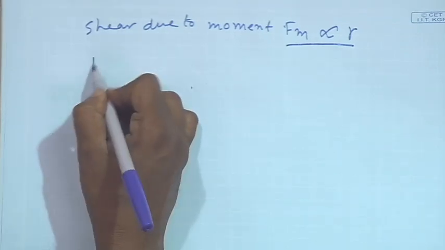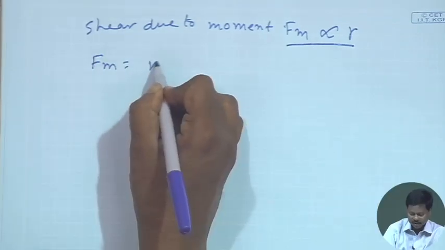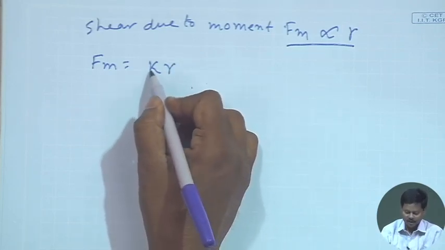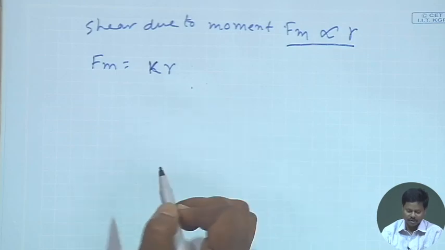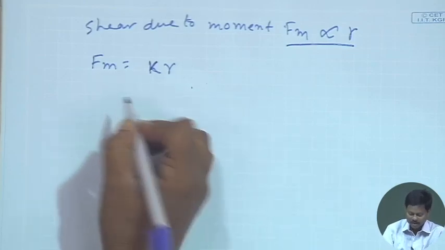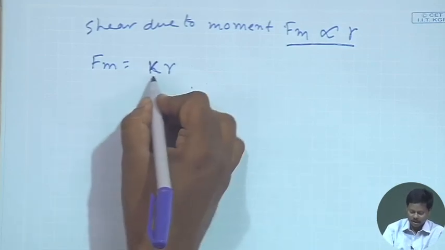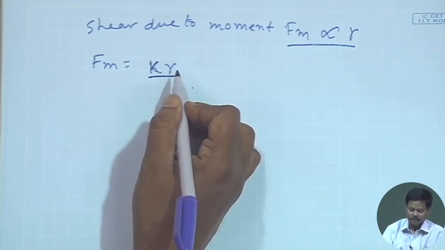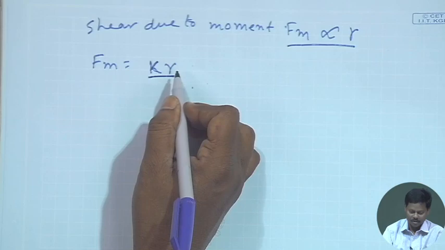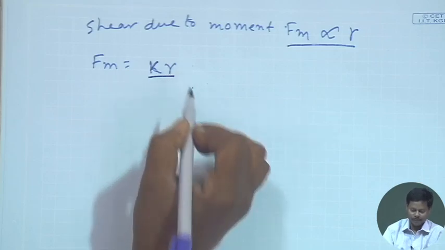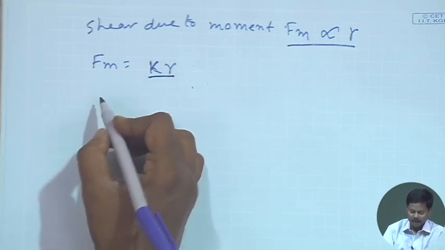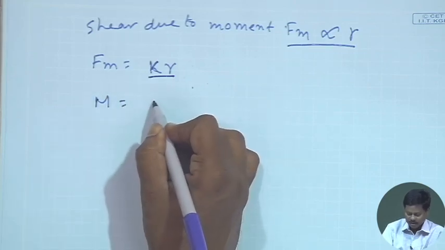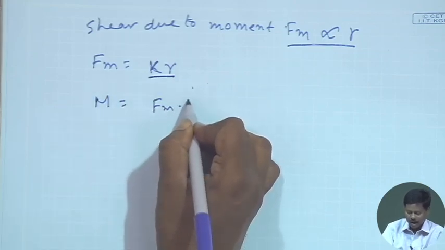So, what we can do? We can write Fm as k into r, where k is a proportionality constant. So, Fm in each bolt is k into r, where r is the radial distance from the bolt to the CG of the bolt group. So, the moment on that particular bolt, I can write, will be Fm into r.